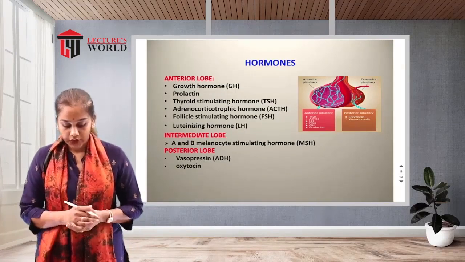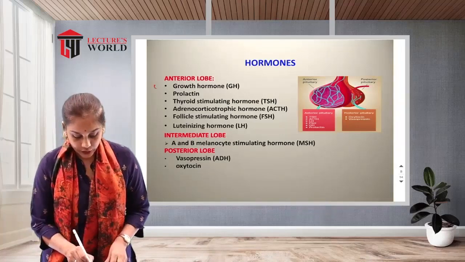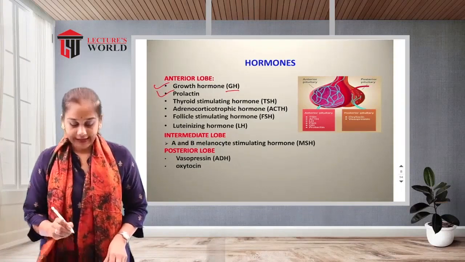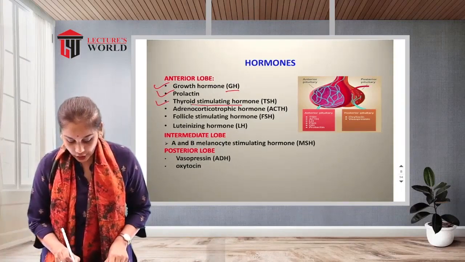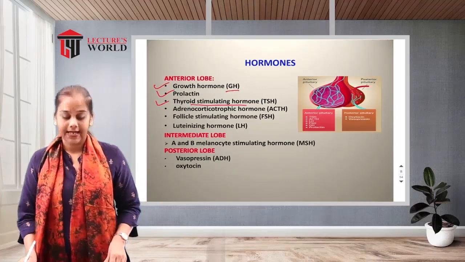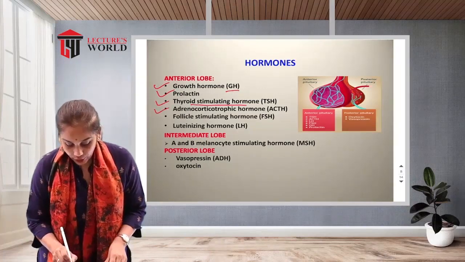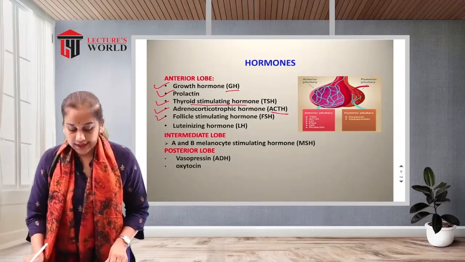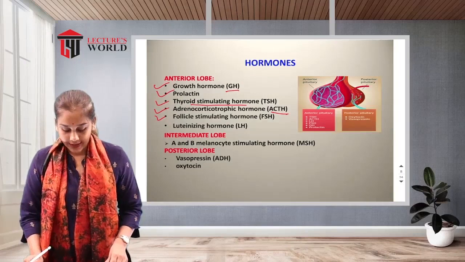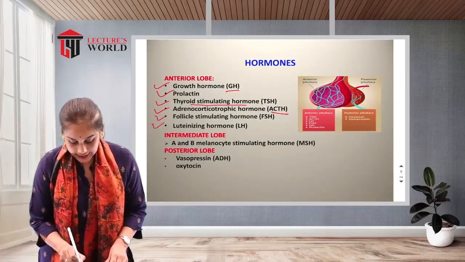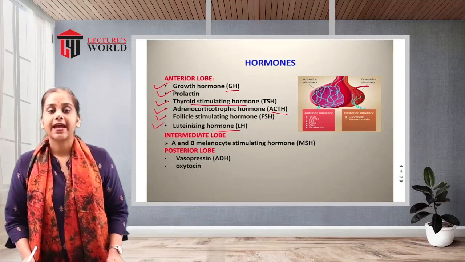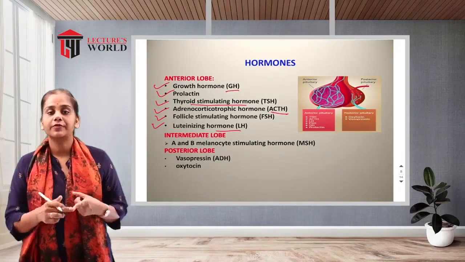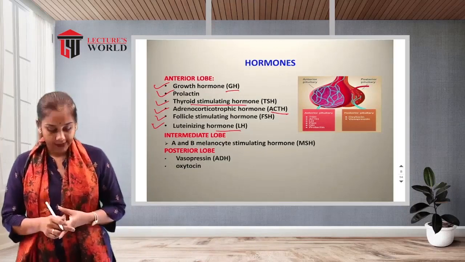The hormones of the anterior pituitary are growth hormone, called GH; then prolactin; then thyroid stimulating hormone, TSH; then adrenocorticotropic hormone, ACTH; then follicle stimulating hormone, FSH; then luteinizing hormone, LH. These are the most important hormones of the anterior pituitary gland.